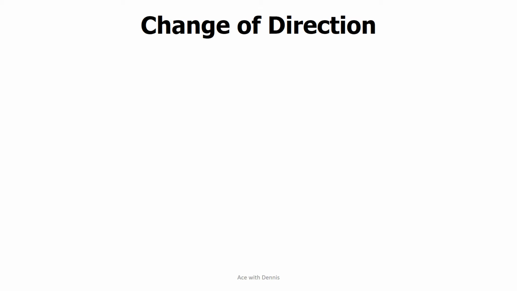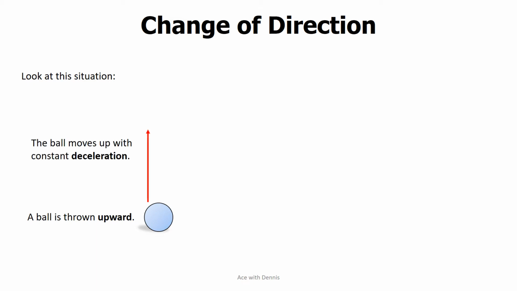When an object moves, it may change its direction. However, there are some conditions that must be met before a moving object can change its direction. Let's look at this situation. This is a ball, and it is thrown outwards. As it moves outwards, it decelerates at a constant rate. This is because it moves against the direction of the gravitational pull force.